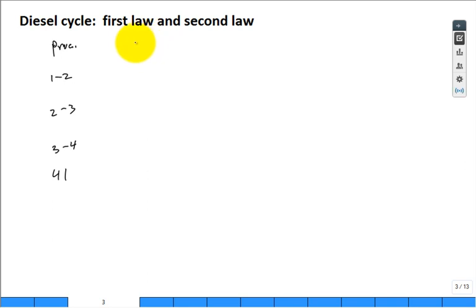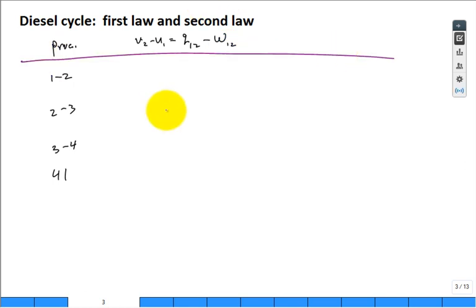The first law in general is U final minus U initial is equal to the Q in during the process minus the work in the process. Now I've written it for going from 1 to 2, but when we apply it for 1 to 2, it's adiabatic, and so the work 1 to 2 is simply U1 minus U2. Did I do that okay?